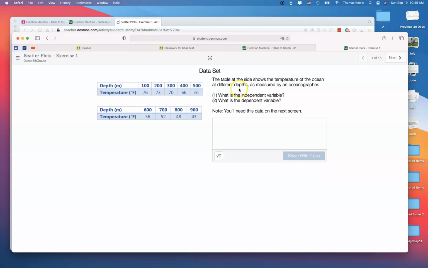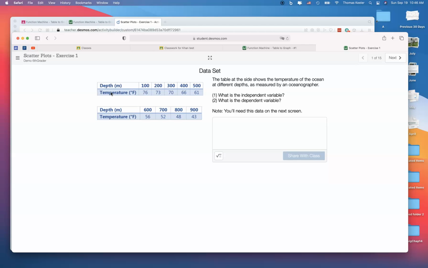Independent or dependent variable. If you look at this, you say, oh, what is that? You're going to see that it's the thing you control in your experiment and the result of it. So when you have in the ocean how deep you are, the depth, and the temperature, what depends on the other? Does the depth depend on the temperature of the water?